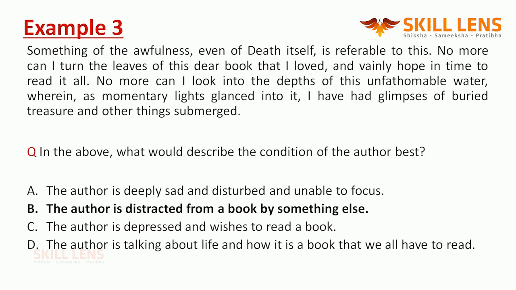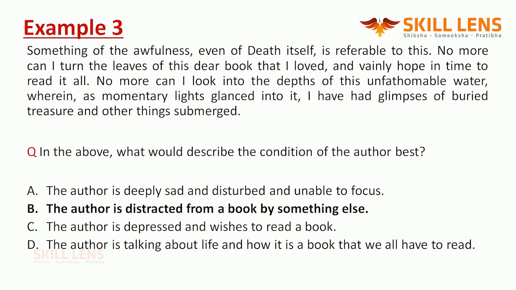Let's look at option C. It says, author is depressed and wishes to read a book. Now this is actually inconsistent. It's the very opposite of the information given to us in the paragraph. In the paragraph, it says, no more can I turn the leaves of this dear book that I loved.